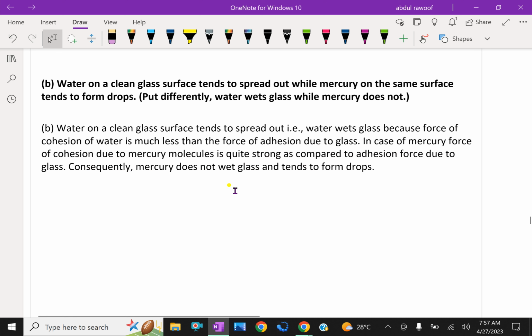Consequently, mercury does not wet glass and tends to form drops. Here, the surface tension, because of the cohesion force between the molecules of mercury, is very high compared to water itself. So water easily spreads and mercury does not.